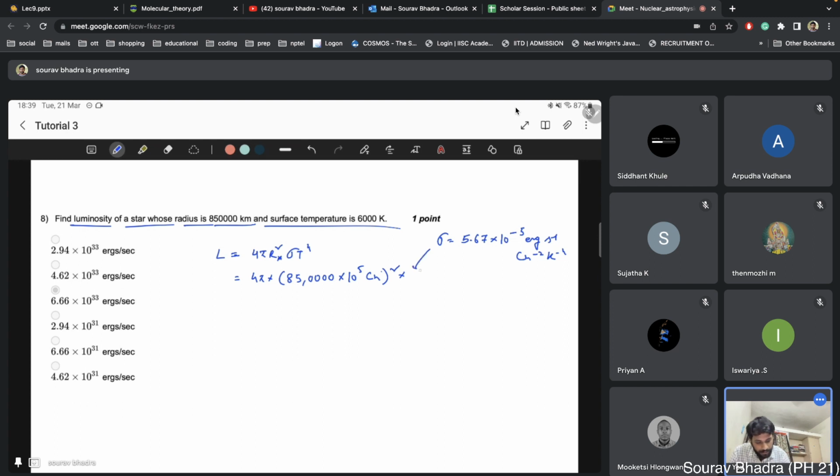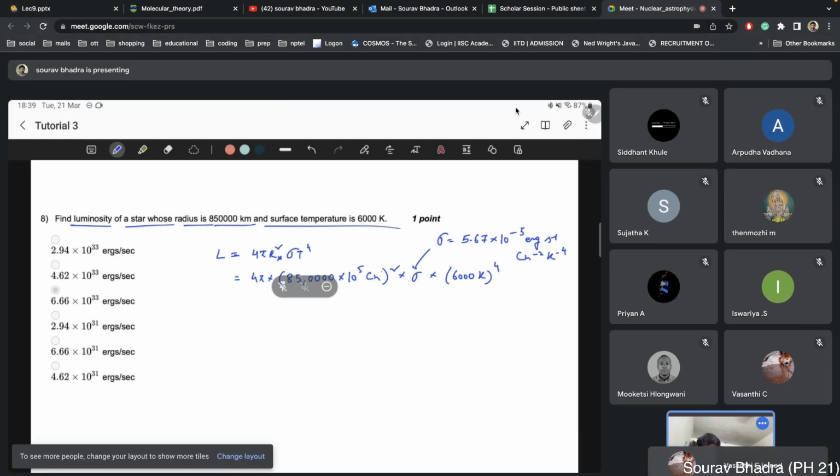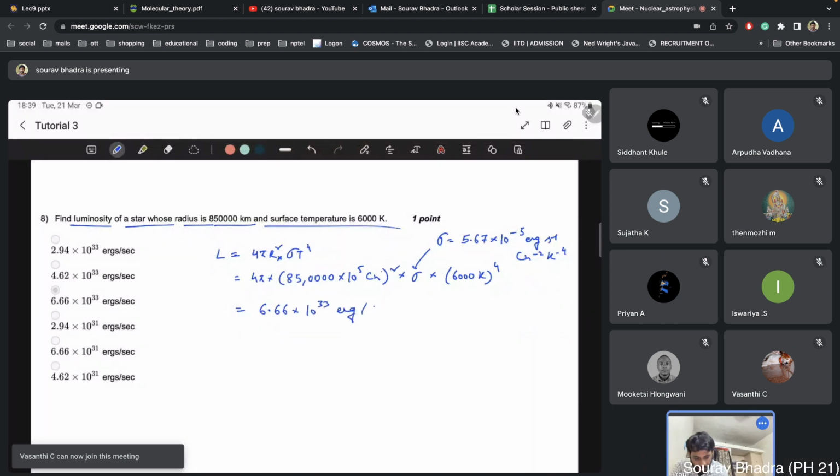Just put sigma here, and the temperature is given as 6000 Kelvin, to the power 4. Now if you do this calculation, I have done it, 6.66 into 10 to the power 33 erg per second. So that is the luminosity of this particular star, which has a radius of 85,000 kilometer and surface temperature of 6000 Kelvin.